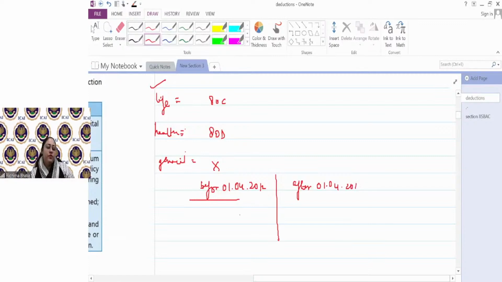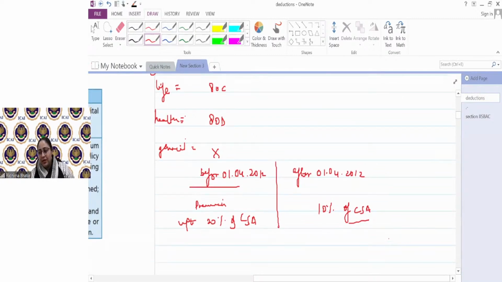If it is taken before 1st April 2012, then my premium can be up to 20% of capital sum assured. If the policy is taken after 1st April 2012, then the premium can be only up to 10% of capital sum assured. Only up to 10% of your capital sum assured.